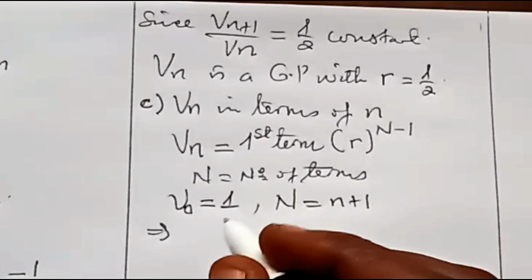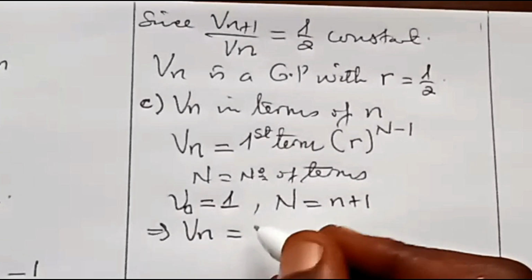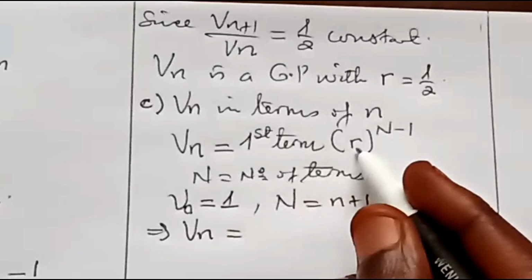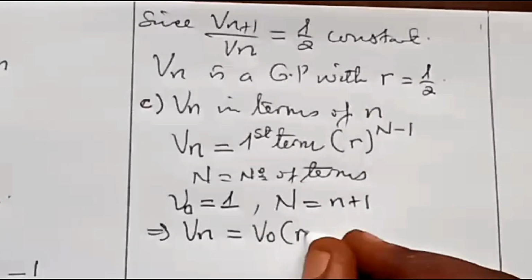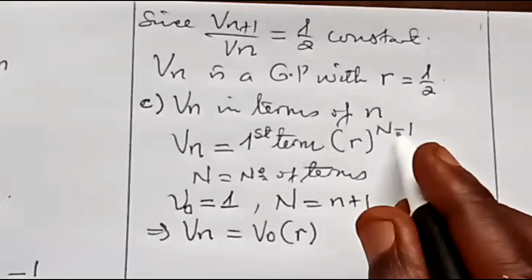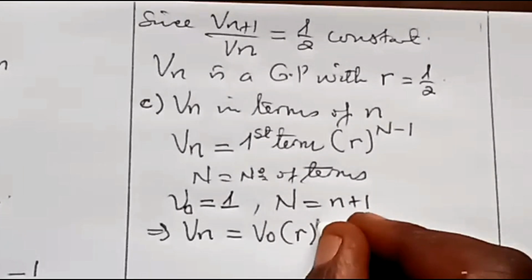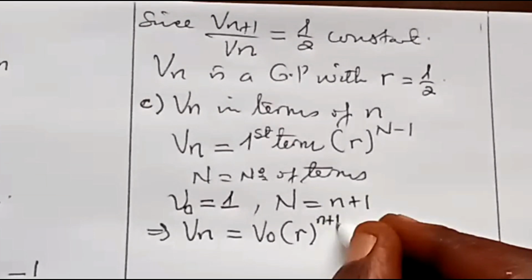And so we are going to have that Vn equals the first term, as the general formula says, the first term, which is V0, into the common ratio raised to the power capital N minus 1, and capital N in this case is n plus 1, because there are n plus 1 terms.